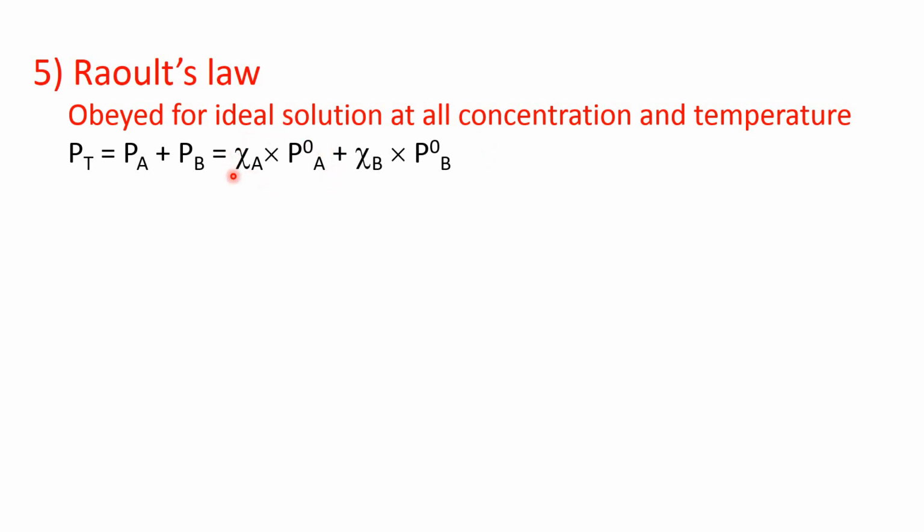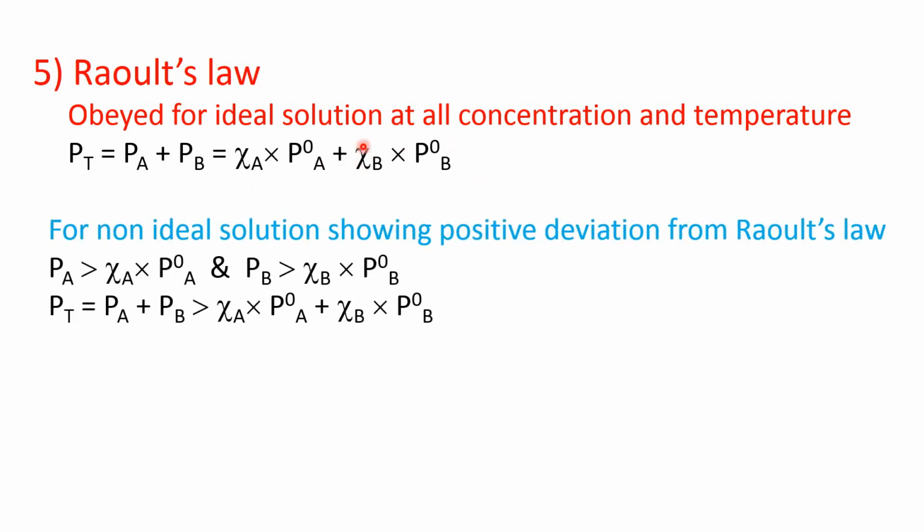That means the partial vapor pressure of A calculated by Raoult's law equation plus the partial vapor pressure of B. Now, for a non-ideal solution showing positive deviation from Raoult's law, in that case the partial vapor pressure itself will be greater than the theoretical vapor pressure. Theoretical means calculated from Raoult's law for each component. So, the observed vapor pressure of this solution will be greater than the theoretical vapor pressure, that means the vapor pressure calculated from the Raoult's law equation.